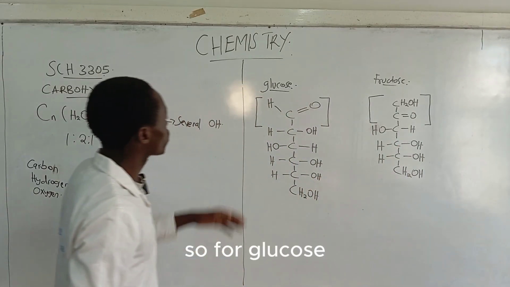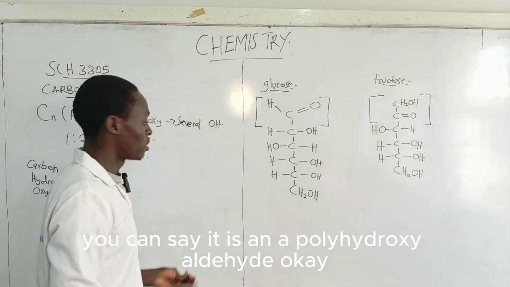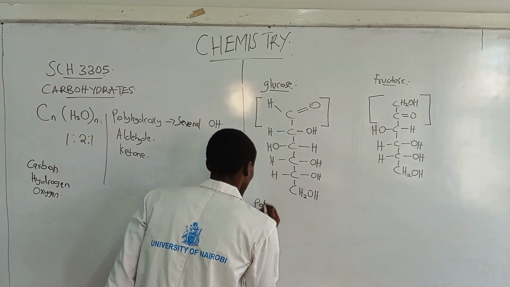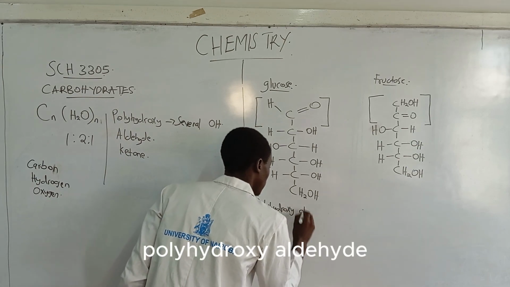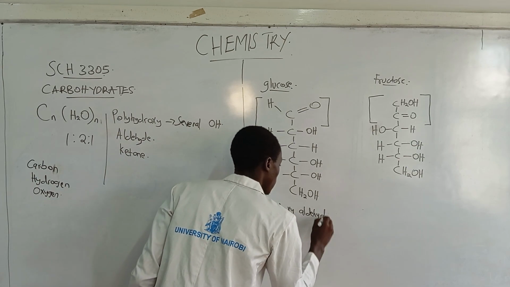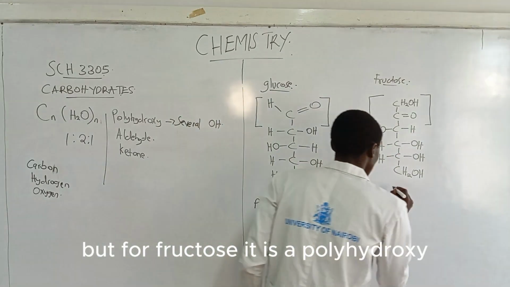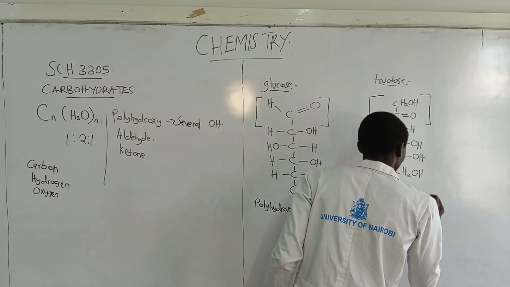Okay. So for glucose, you can say it is a polyhydroxy aldehyde. Okay. It is a polyhydroxy aldehyde. For glucose, it is a polyhydroxy aldehyde. But for fructose, it is a polyhydroxy ketone.